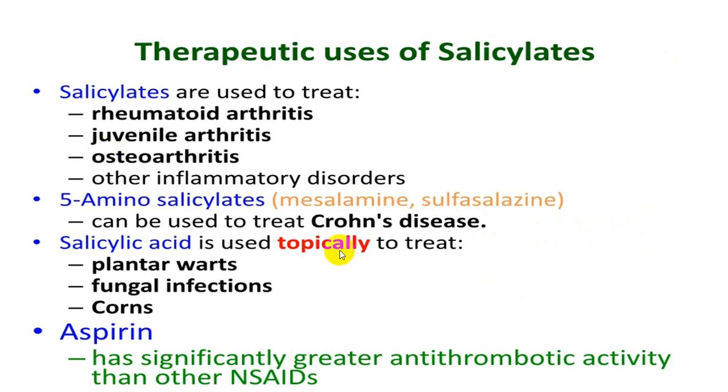It is utilized as a topical preparation in plantar warts, fungal infection. And aspirin is utilized as an antithrombotic, particularly in a person with atherosclerosis. And also aspirin is utilized for patent ductus arteriosus closure.